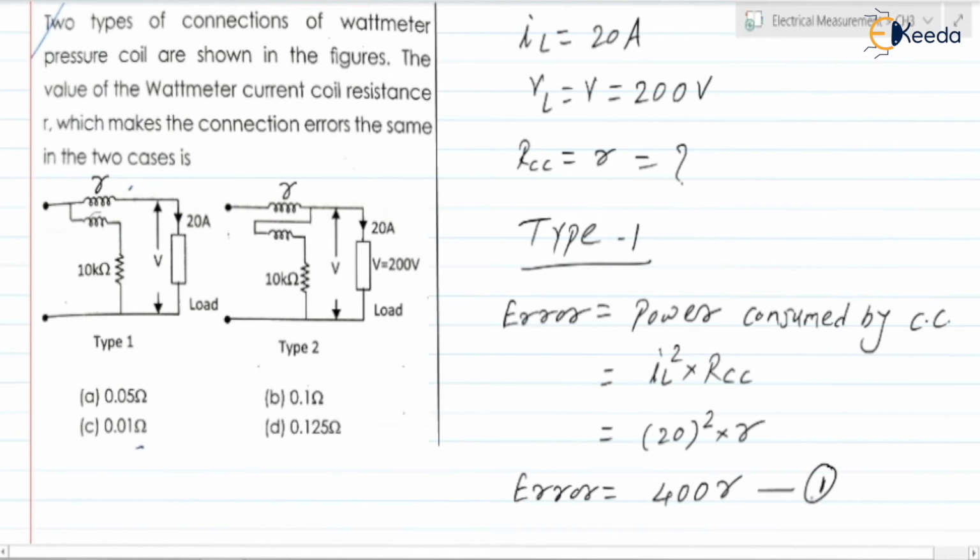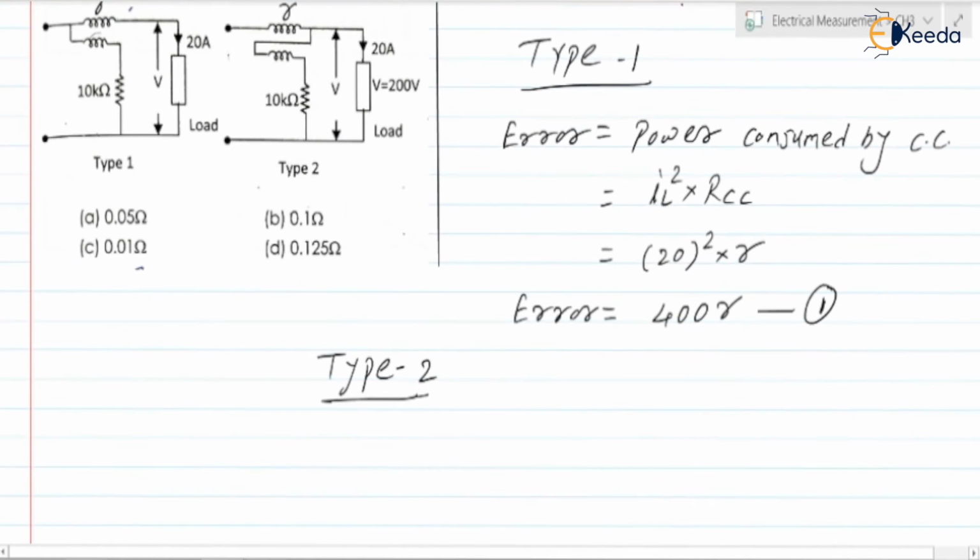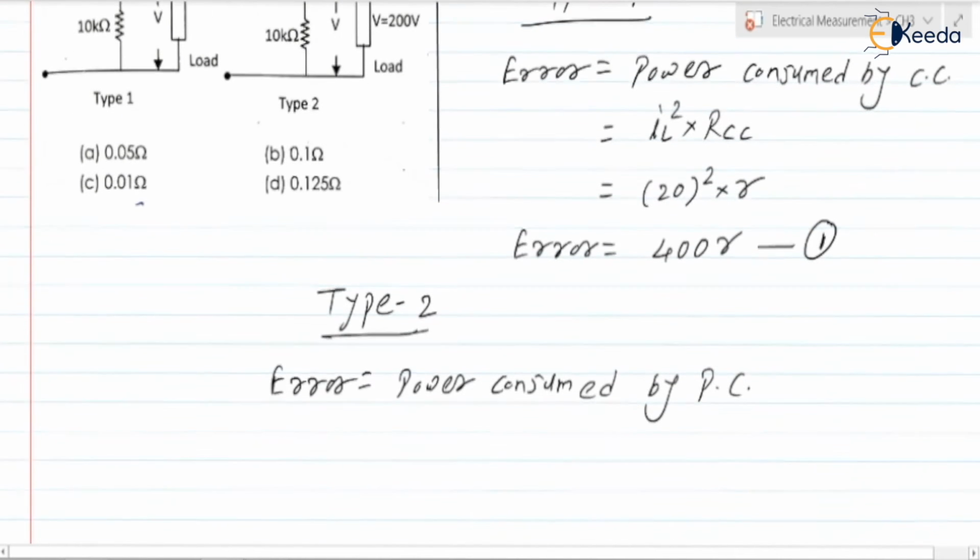Next, in type 2, the pressure coil is connected at the load side. So in type 2, the pressure coil is connected at the load side. So here the error is equal to the power consumed by the pressure coil. What is the power consumed by the pressure coil?